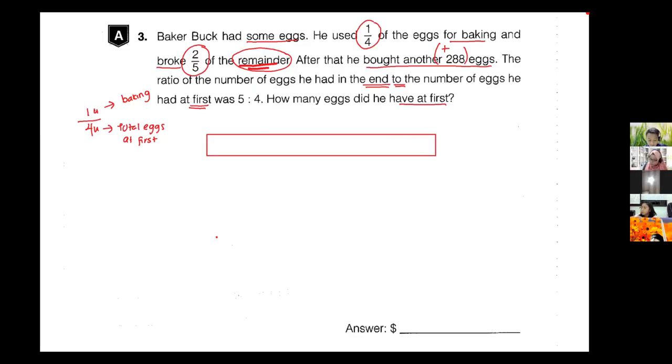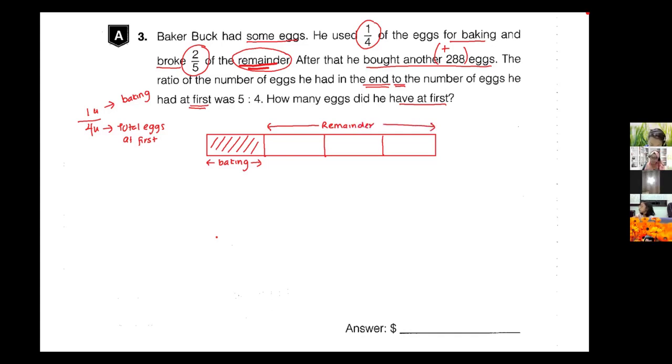Then I'm going to cut equal parts, and shade one of the 4 parts for baking. One part here, and then I put it as baking. And I know that the balance unshaded part is my remainder.